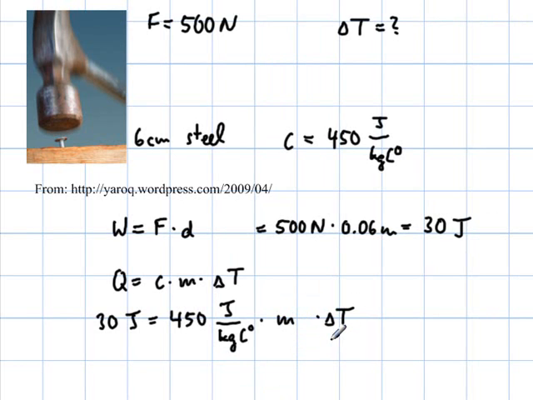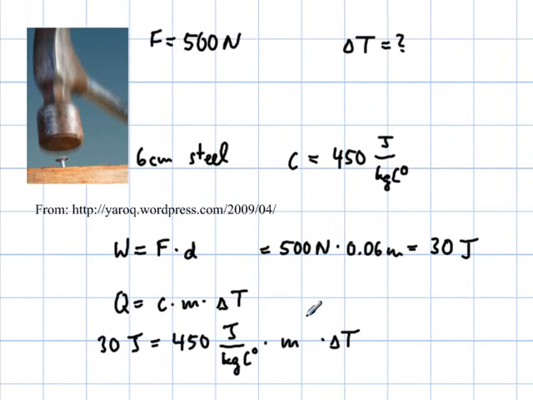I believe in this problem what the author forgot is to supply a mass. So I looked them up, 2-inch nails or 2 1/4-inch nails, and I came up with a mass of 5 grams, or of course 0.005 kilograms.